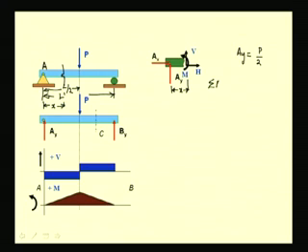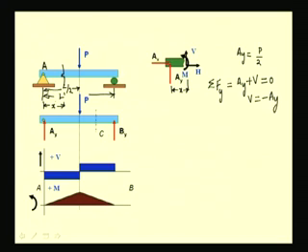So, equating the vertical components, we have Ay plus V equal to 0, thus V is equal to minus Ay.